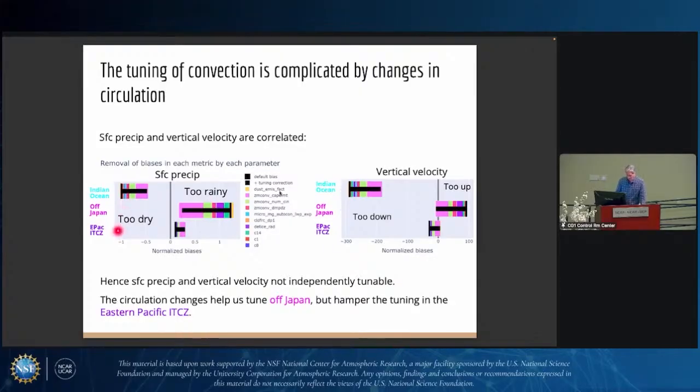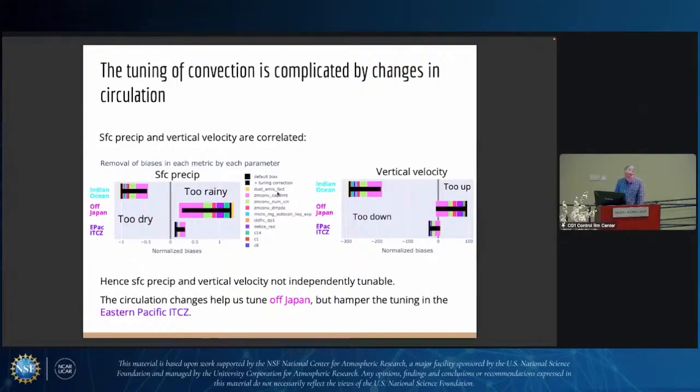The very same parameter that makes Indian Ocean more rainy makes off Japan drier. And what seems to be happening is basically the vertical velocity is very tied up in this. There's an amazing correspondence between surface precip and vertical velocity in these particular runs. And the circulation is changing so that basically we're getting more ascent in the Indian Ocean and more subsidence in the coast off Japan, which is just what we want. And so that's what seems to be helping us here.